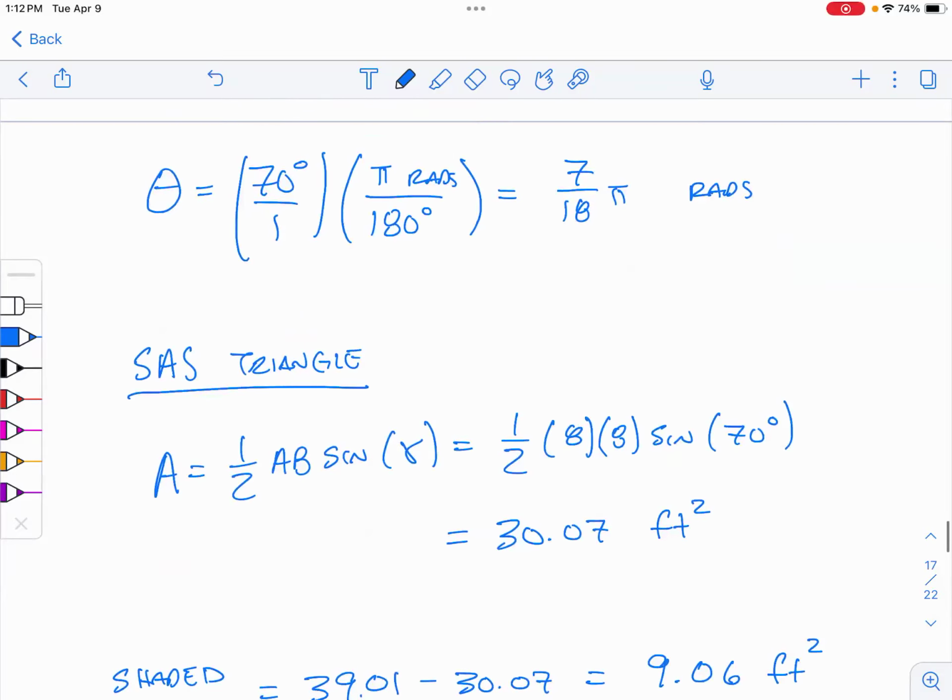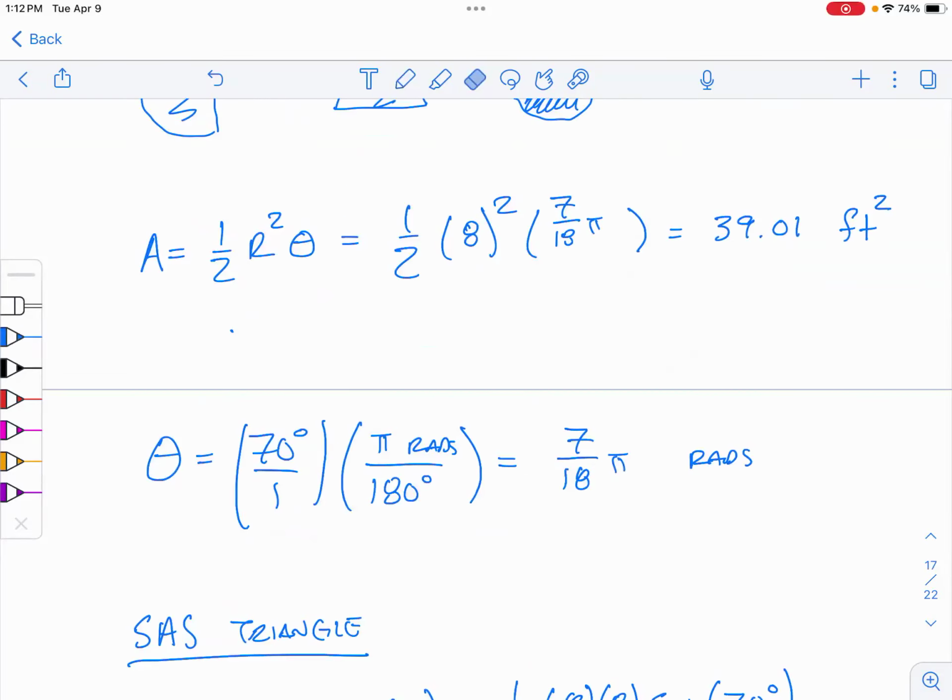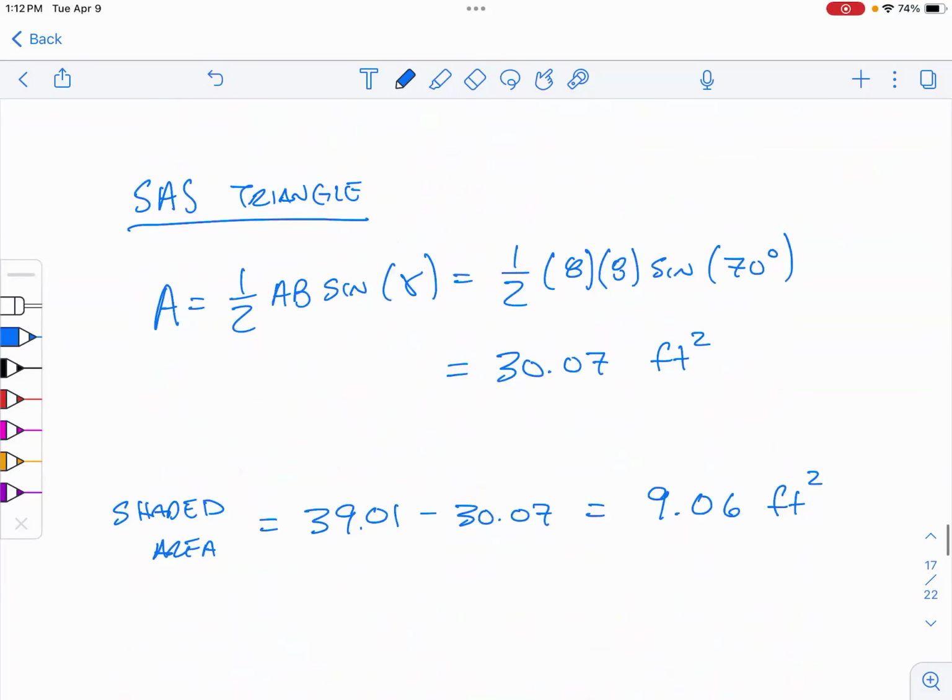Oh, sorry, I wrote this down wrong. It's 30.10. And again, easy peasy.